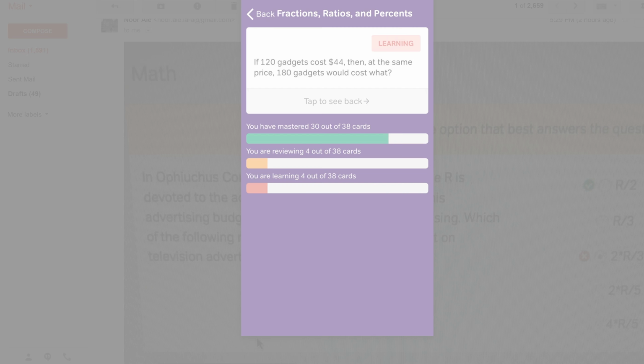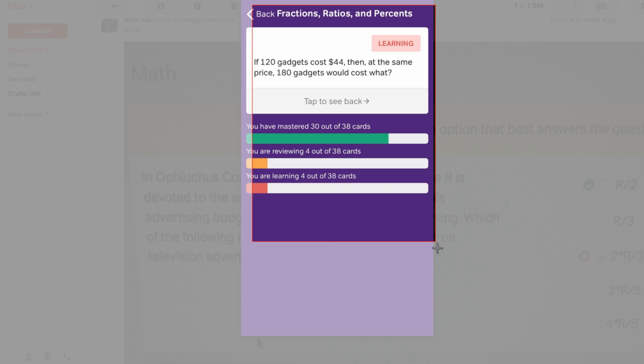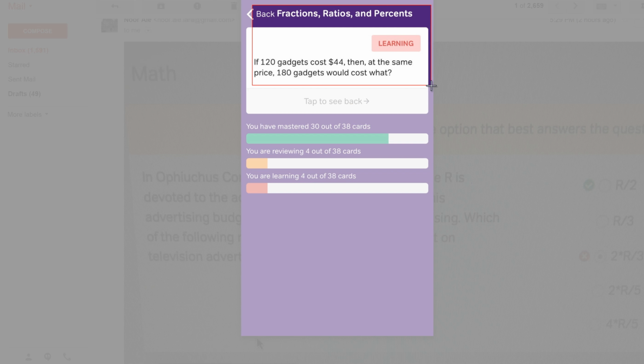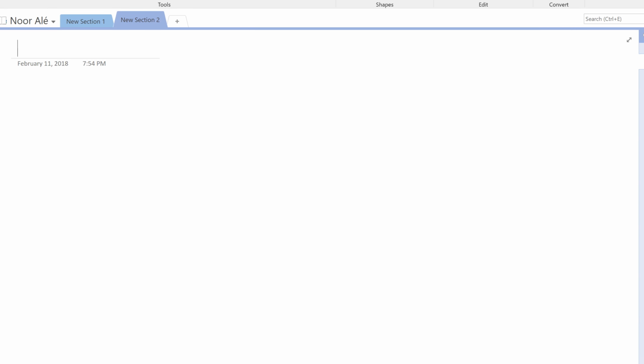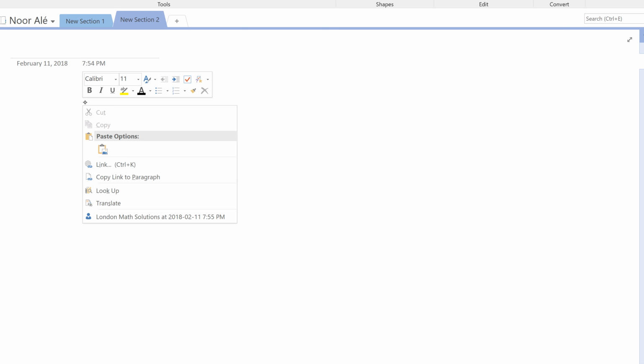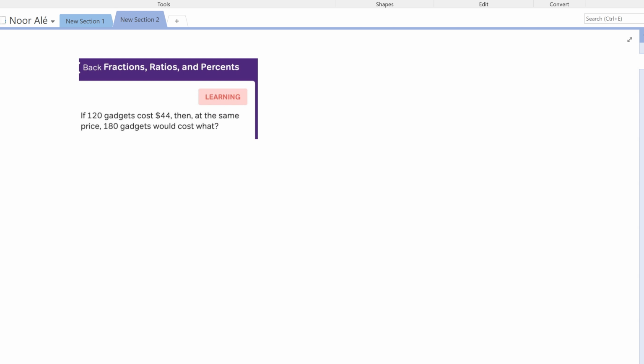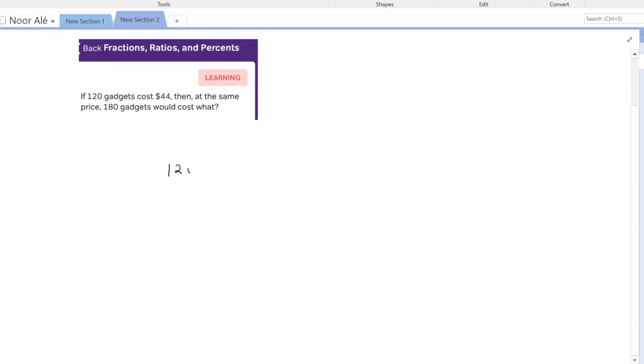All right, so the cost of 120 gadgets is $44.